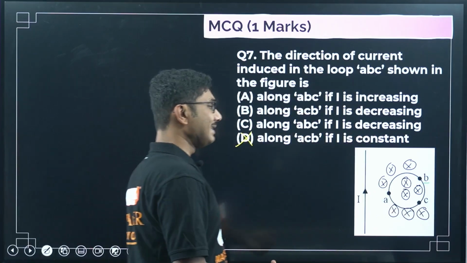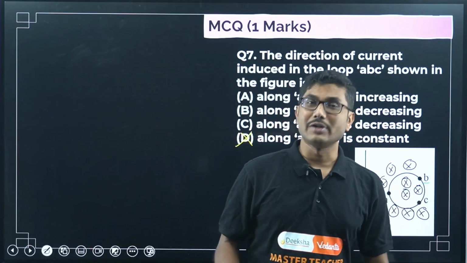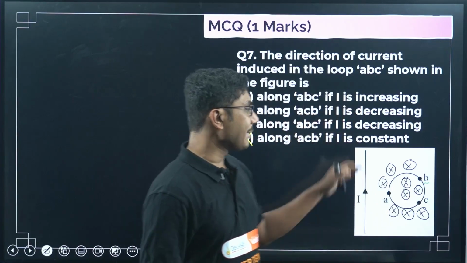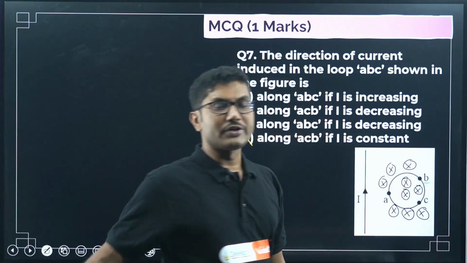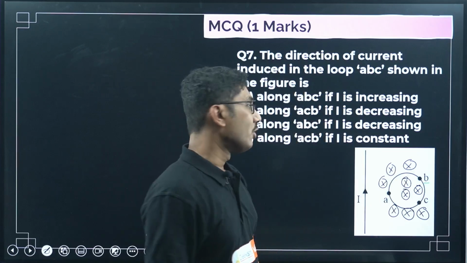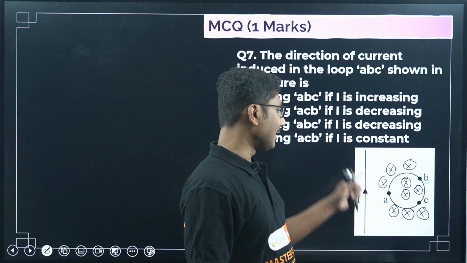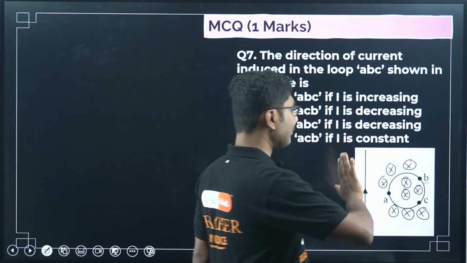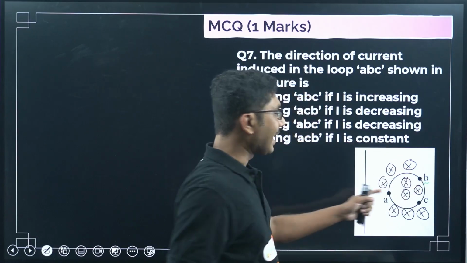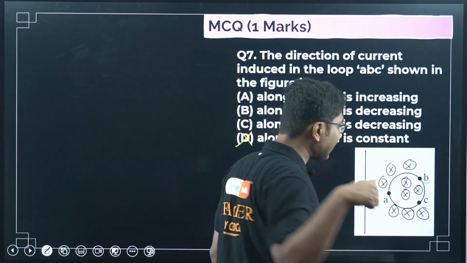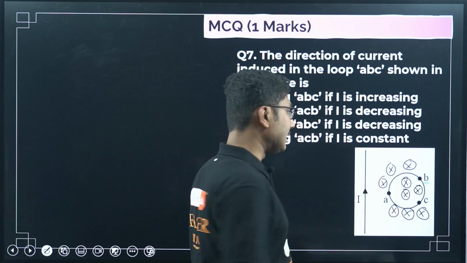If the current decreases, then the associated magnetic field will also decrease. If the associated magnetic field decreases, then this loop will try to increase the magnetic field. So if the current decreases, then the induced current will be in the direction of ABC, because it will try to increase the magnetic field.